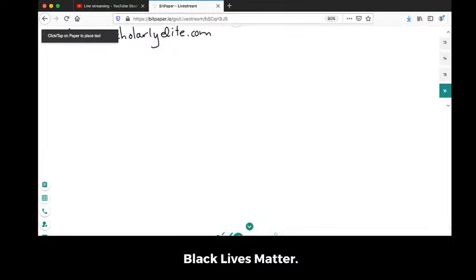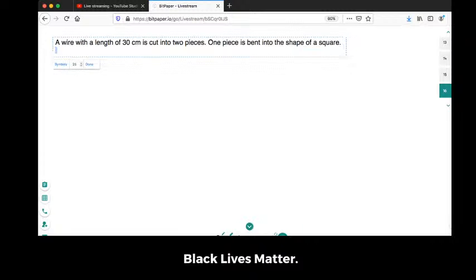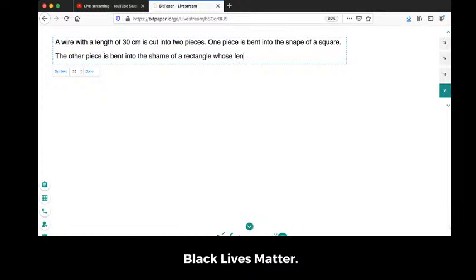I'm just going to erase this because this looks like chicken scratch. Okay. So a wire with a length of 30 centimeters is cut into 2 pieces. One piece is bent into the shape of a square. The other piece is bent into the shape of a rectangle whose length is twice its width.